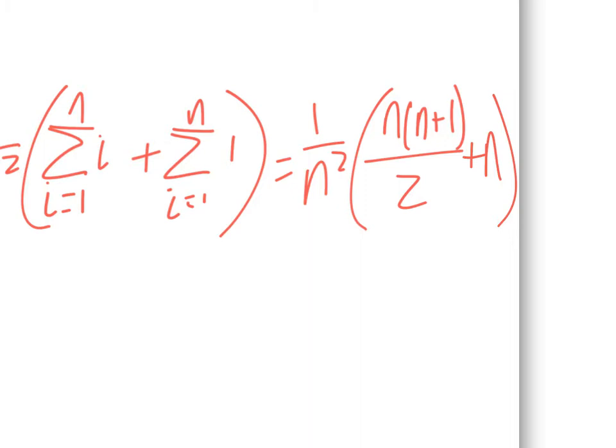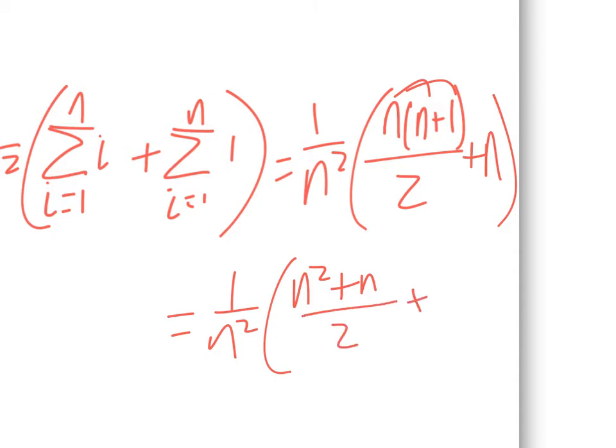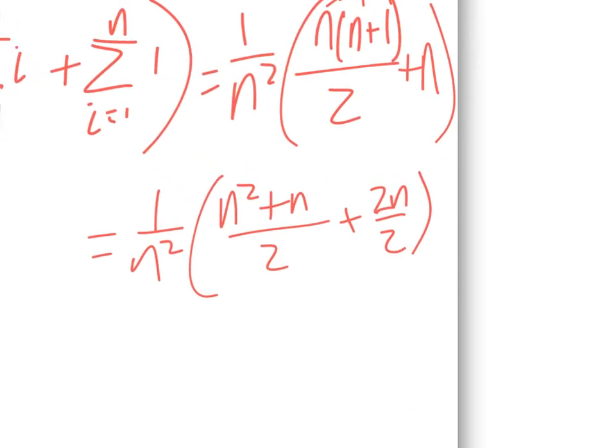We could clean this up a little bit maybe, but I don't think it's going to get too far. We got 1 over n squared. This is n squared plus n if you distribute this guy out. And maybe let's write this as 2n over 2 to get a common denominator. And we could write this as 1 over n squared.